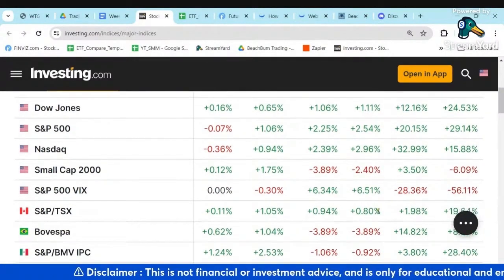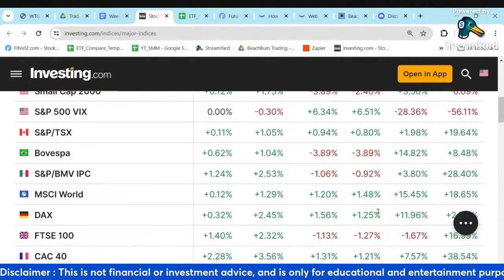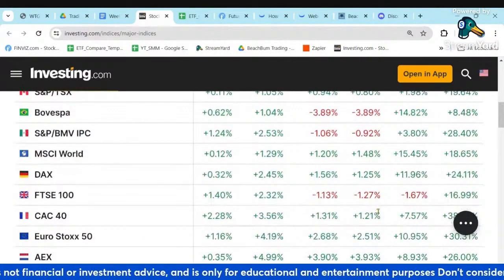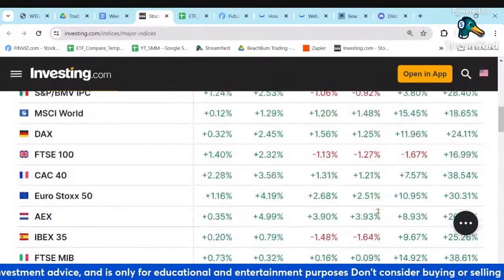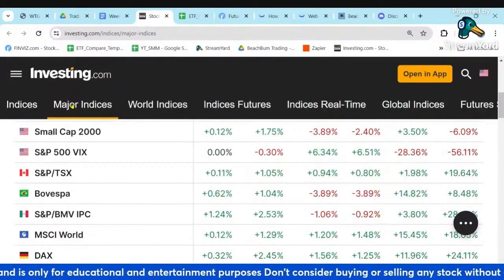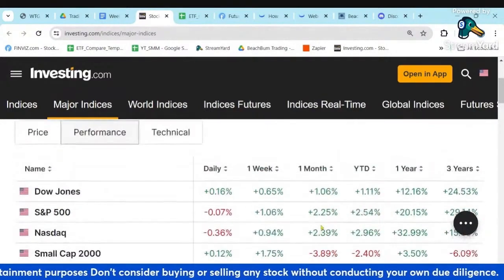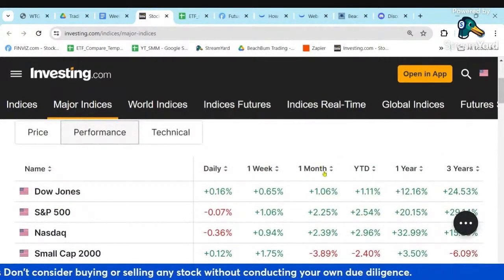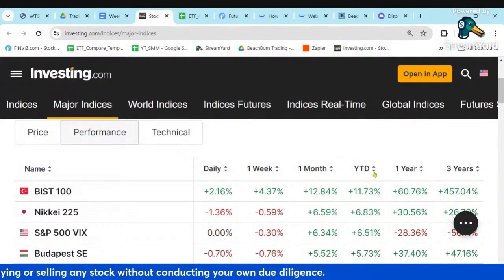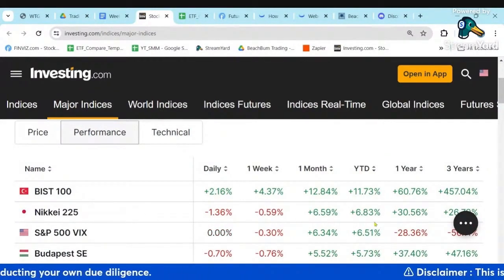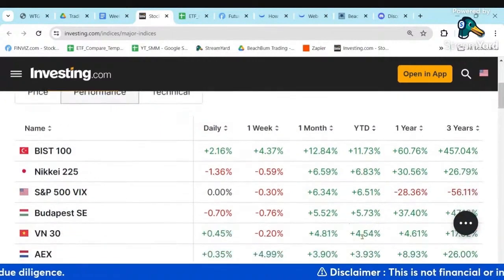You can also review other global world indices in the major world indices tab on investing.com. You can even sort them by level of performance. If you want to see year to date who the top performers were, it looks like Turkey, Japan, and Budapest.